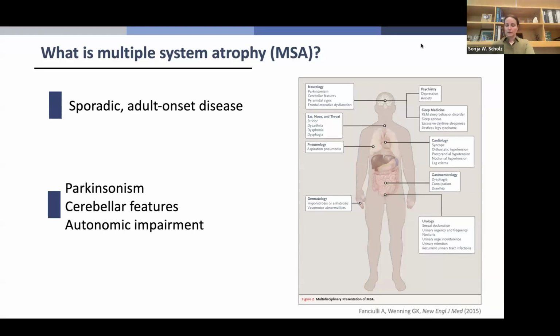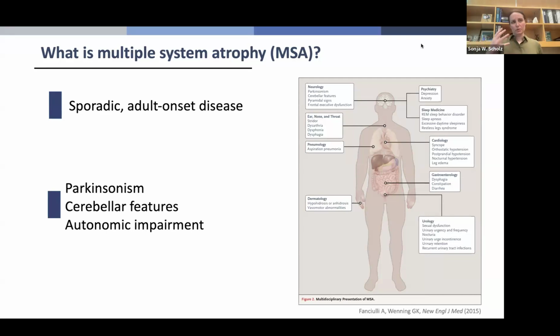Multiple system atrophy is a neurological disease. It is sporadic in the community, which means there's no apparent family history. It usually affects individuals in their mid-50s, but there is some spread from case to case. The clinical symptoms are quite varied from person to person.